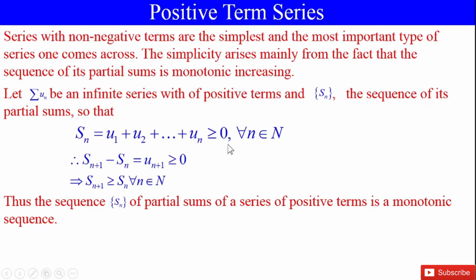So, Sn plus 1 minus Sn is equal to un plus 1, greater than or equal to 0, which implies that Sn plus 1 is greater than or equal to Sn for all n belongs to N. Thus, the sequence Sn of partial sums of a series of positive terms is a monotonic sequence.